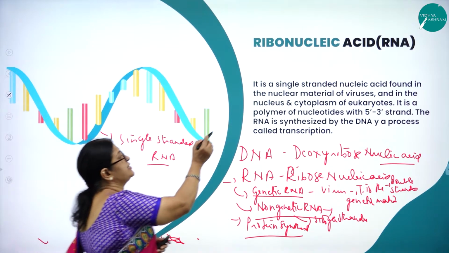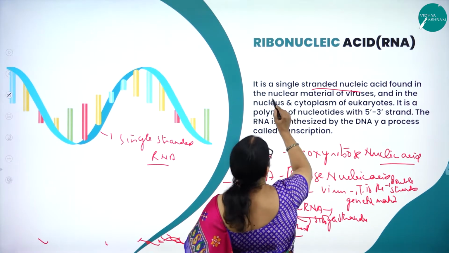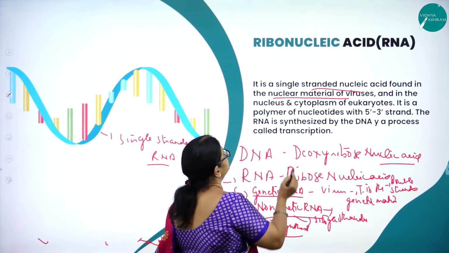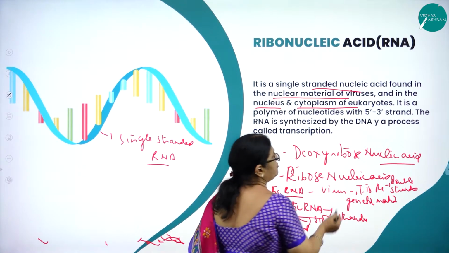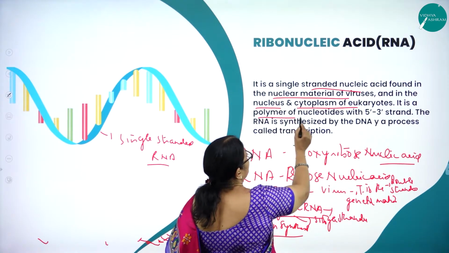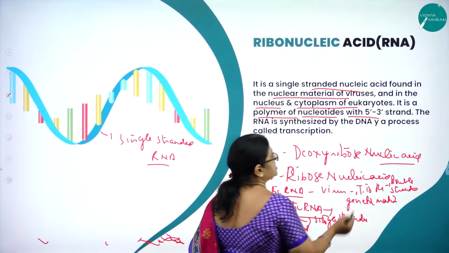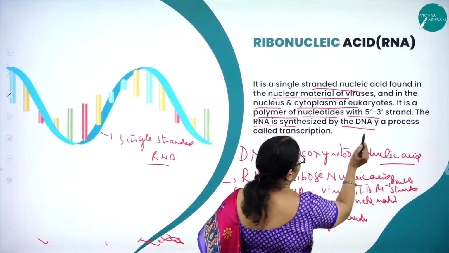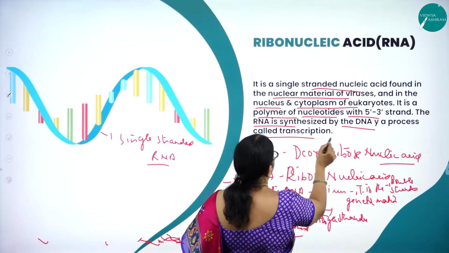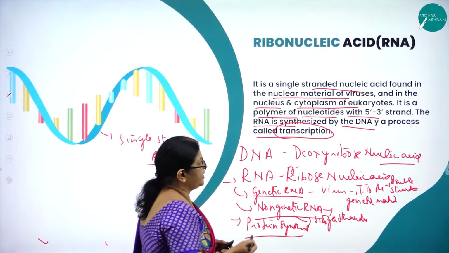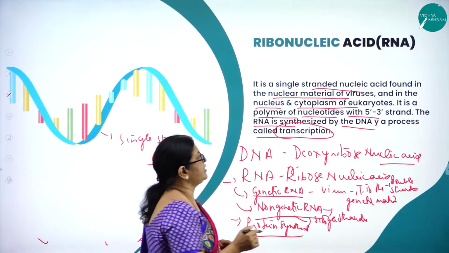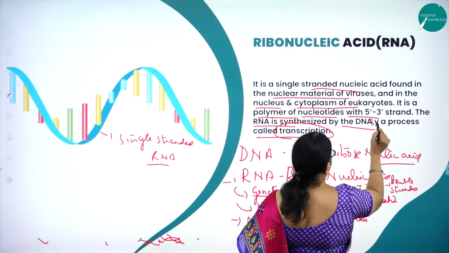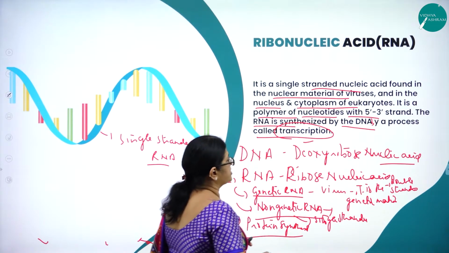It is a single-stranded nucleic acid found in the nuclear material of viruses and in the nucleus and cytoplasm of eukaryotes. It is a polymer of nucleotides with a 5' to 3' strand. RNA is synthesized from DNA by a process called transcription.